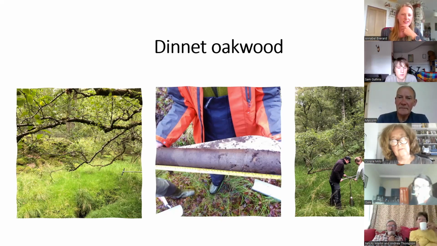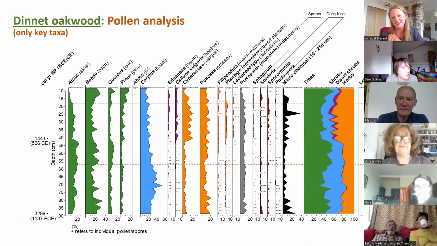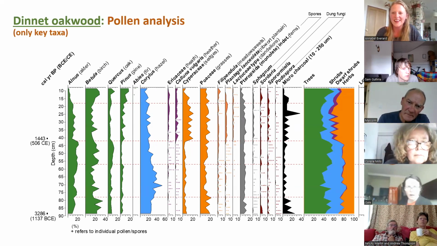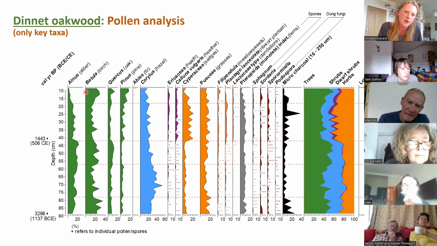Once you've done all of this, we get these lovely looking pollen diagrams. This is actually a stripped back version of my pollen diagrams. It can be quite overwhelming, but hopefully I'll guide you through it. This is just showing some key taxa within this pollen diagram. Down the y-axis, we have the depth going down the core, which equates to time.